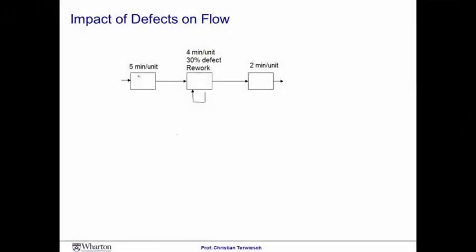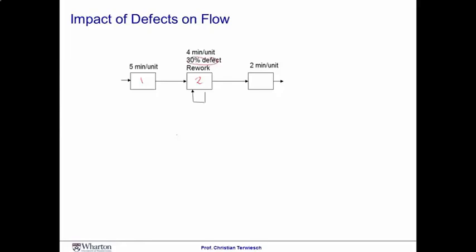Instead of scrapping a flow unit, I can also rework it. Rework means I'm going to repeat one or several operations, and after the rework is done, the flow unit that was previously defective becomes a good flow unit. Consider the following example here. I have 3 process steps. The first process step has a processing time of 5 minutes and never makes a defect. The second process step has a 4-minute processing time and with a 30% probability makes a defect.